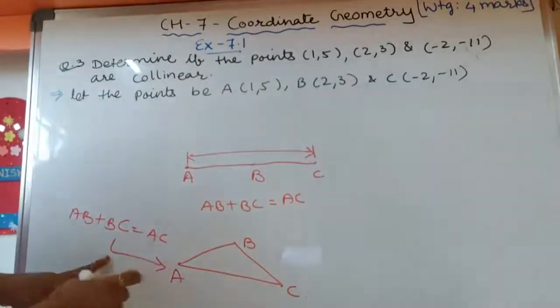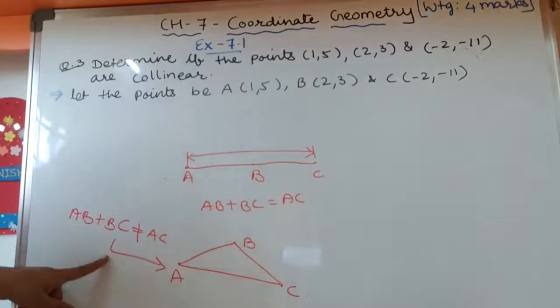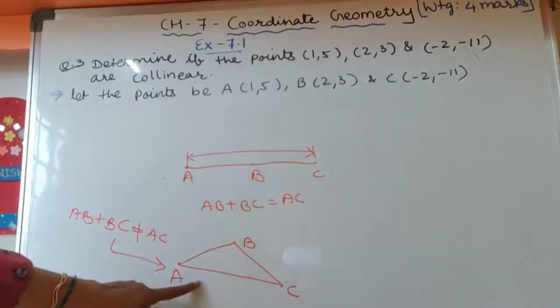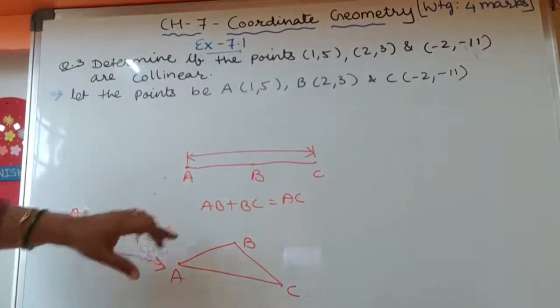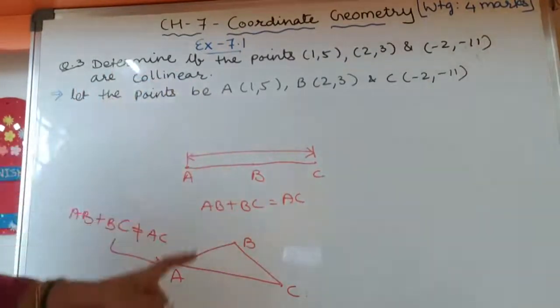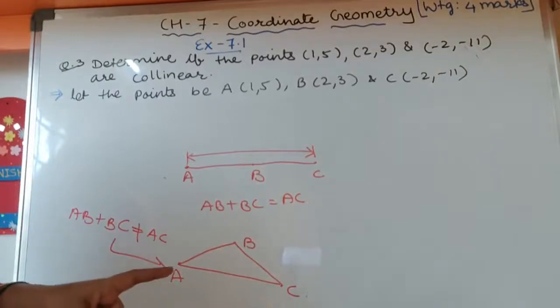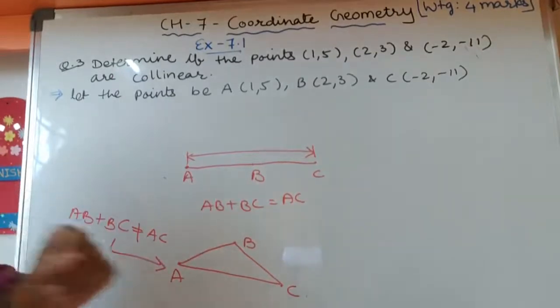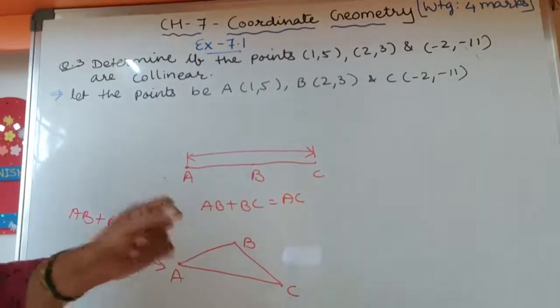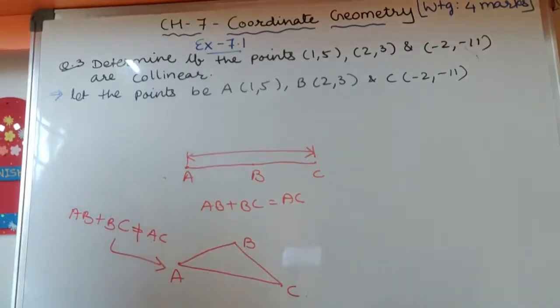It is not possible. So these points are non-collinear points. I hope you got the idea of collinear and non-collinear points. The points which lie on the same line are collinear points.